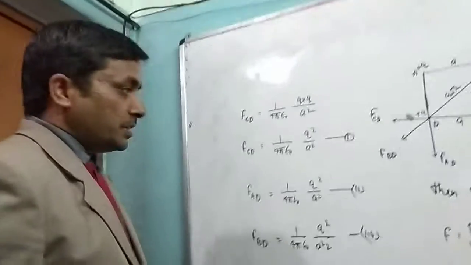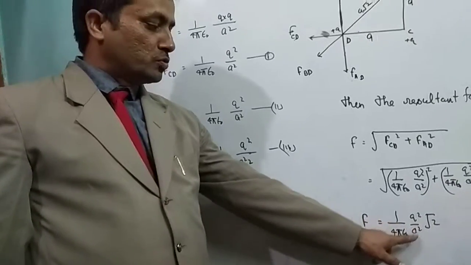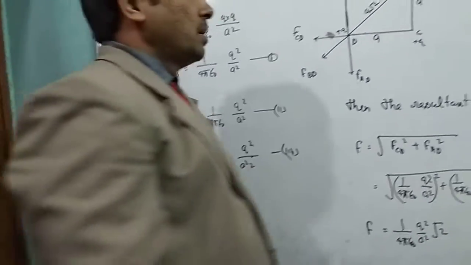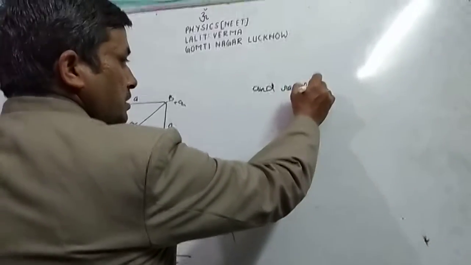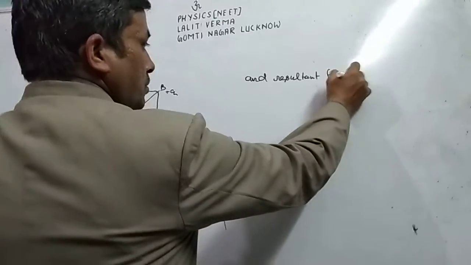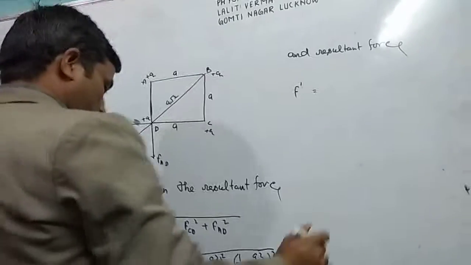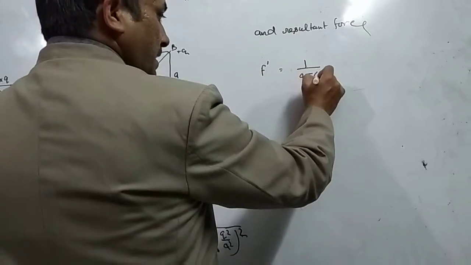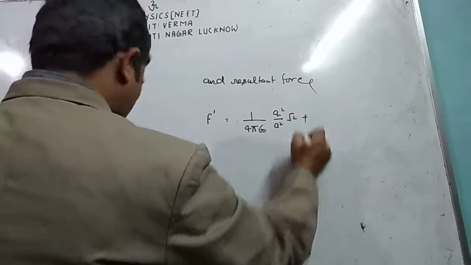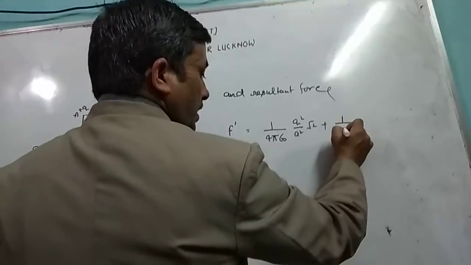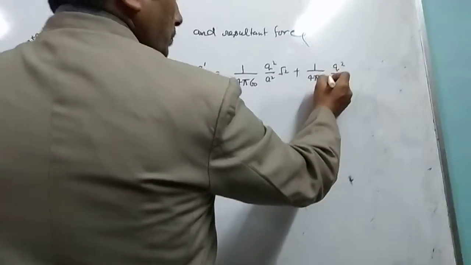This force F CD and F AD, resultant force F is equal to 1 upon 4 pi epsilon naught Q square upon A square into root 2, and resultant force F dash is equal to 1 upon 4 pi epsilon naught Q square upon A square root 2 plus 1 upon 4 pi epsilon naught Q square upon A square into 2.